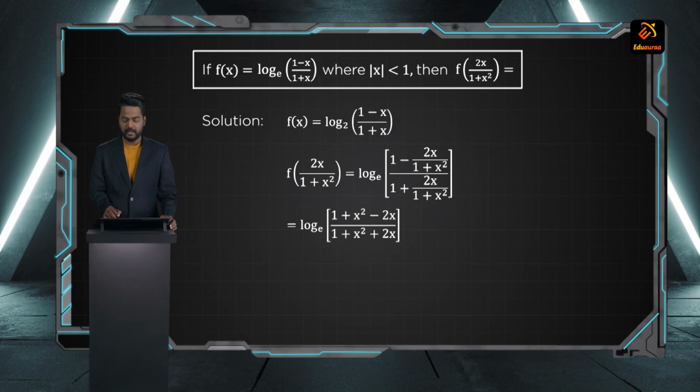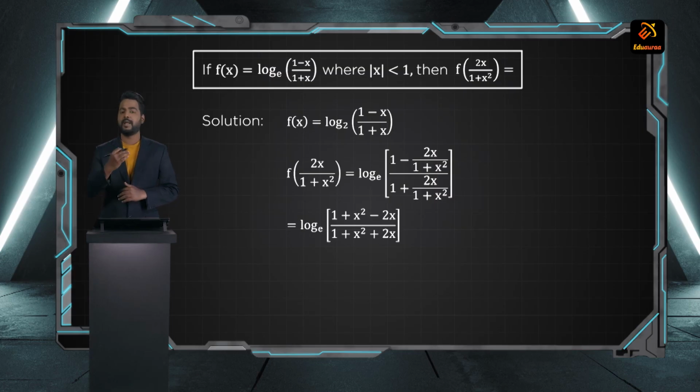So on simplification, it will be equal to log to the base of e of (1 plus x square minus 2x upon 1 plus x square) the whole upon (1 plus x square plus 2x upon 1 plus x square).